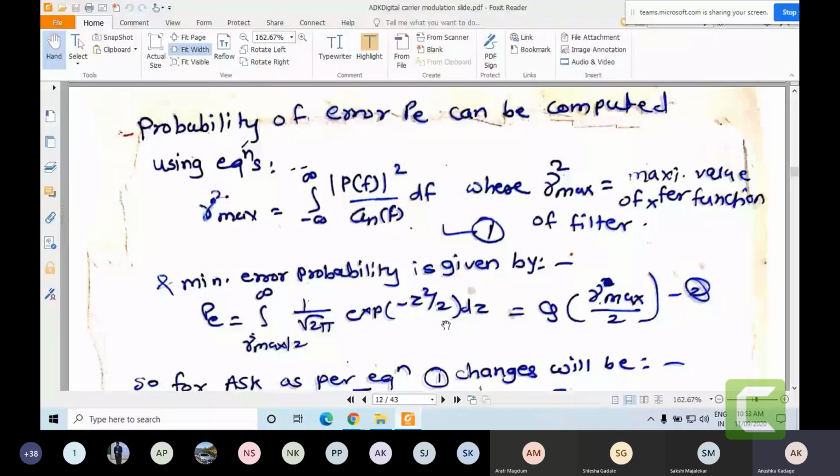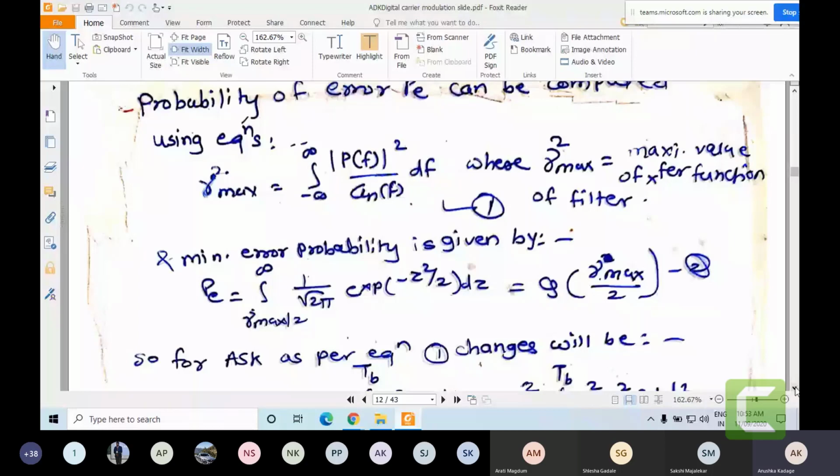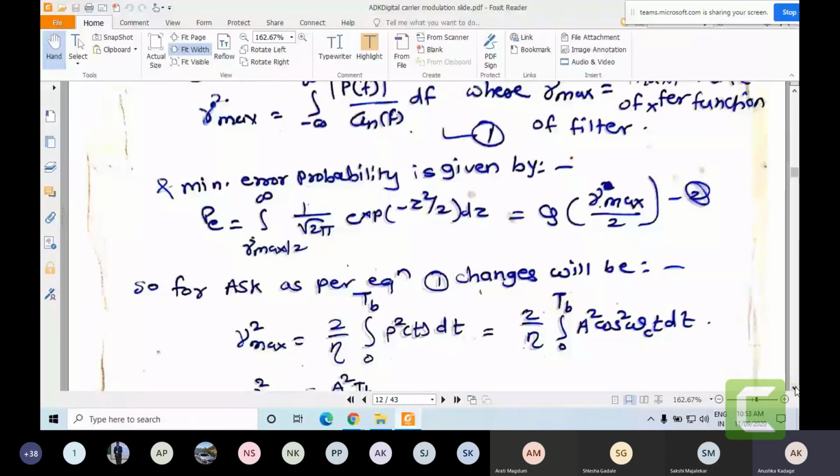And this probability of error is now converted in terms of a Q function. So Q function is a type of PDF representation only, and it is seen as an inverse function representation of Gaussian PDF.